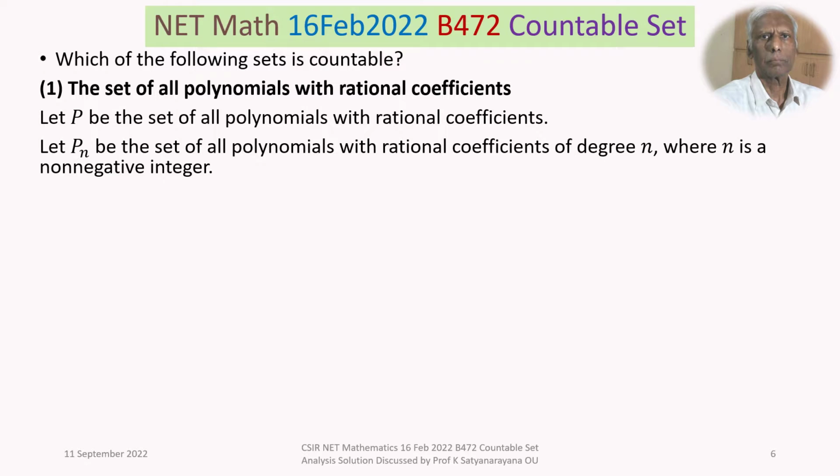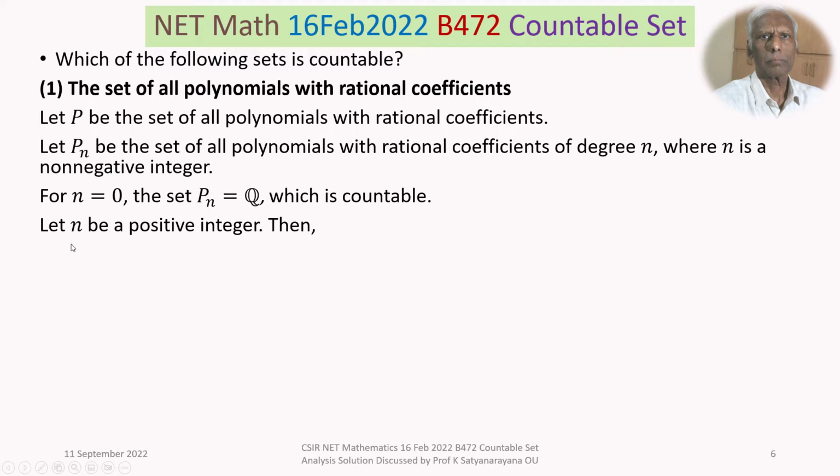So we have to consider that also. For n equal to 0, the set Pn is precisely equal to the set of all rational numbers. Why? When n is 0, we consider the set of all polynomials with rational coefficients of degree 0, meaning constant polynomials. So Pn is precisely equal to Q, where Q is a countable set. Therefore Pn is countable when n is equal to 0.